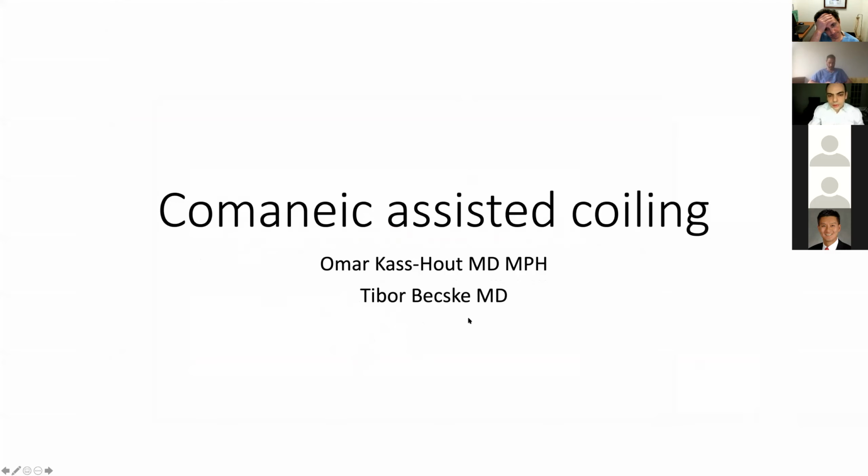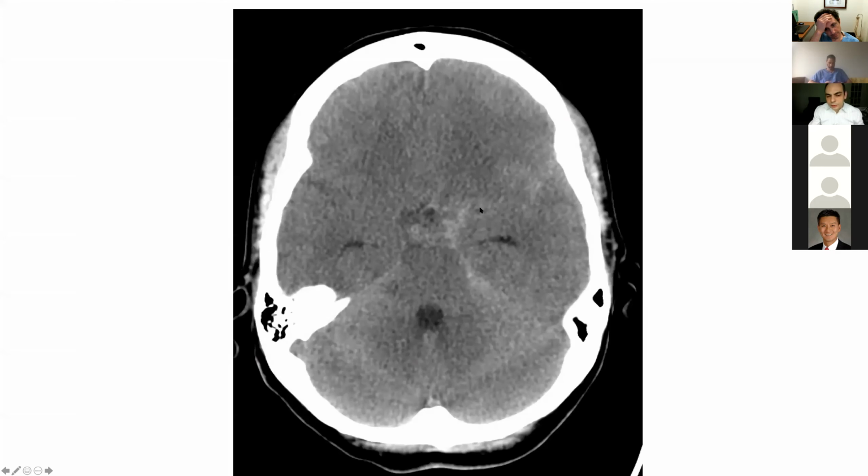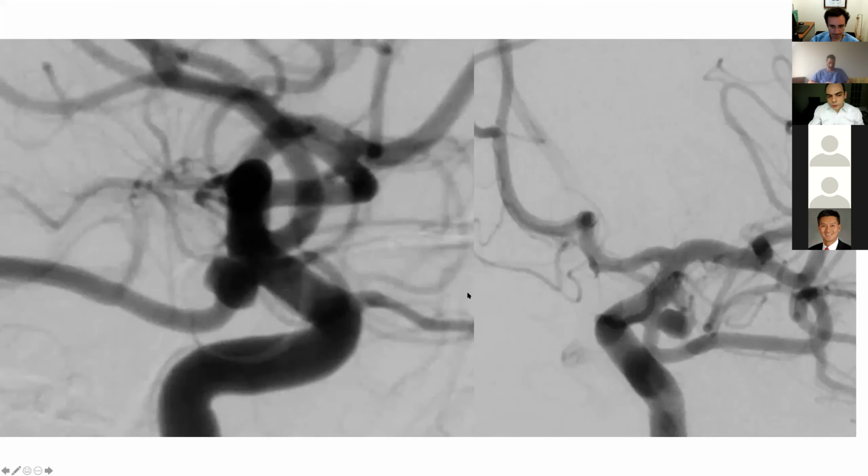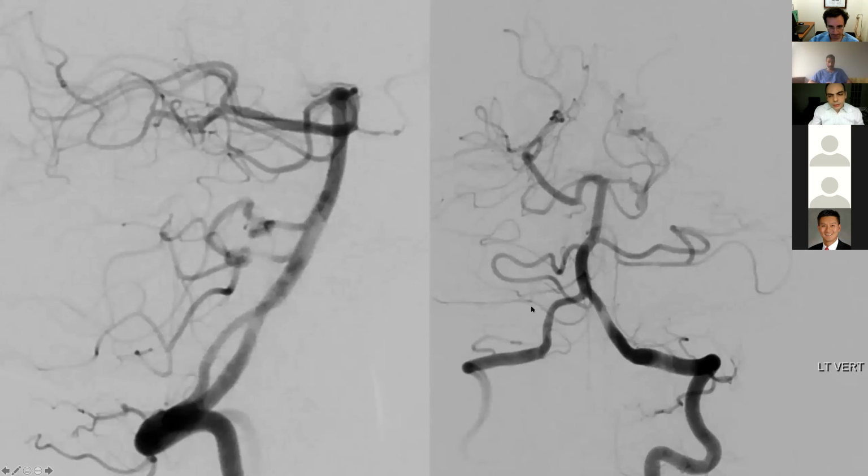So this is a 4-year-old who presented with subarachnoid hemorrhage, as you see on this CAT scan. And an angiogram showed that she had 2 aneurysms, 1 ipsilateral in the left PCOM proper, as you see here. She had a hyperplastic left P1.